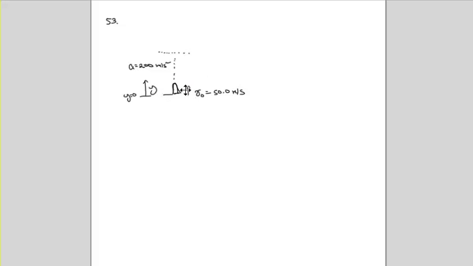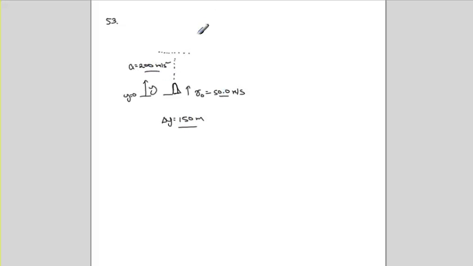We have the initial velocity, and it says it accelerates until the engines stop at an altitude of 150 meters. So we know that delta y, the black part here, is positive 150 meters. So we have three things: delta y, v0, and acceleration.